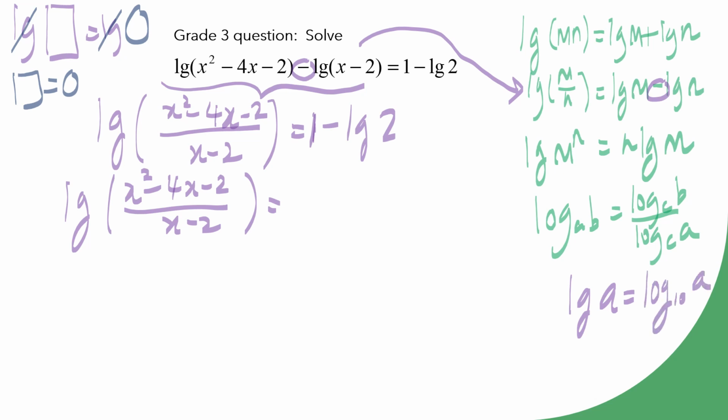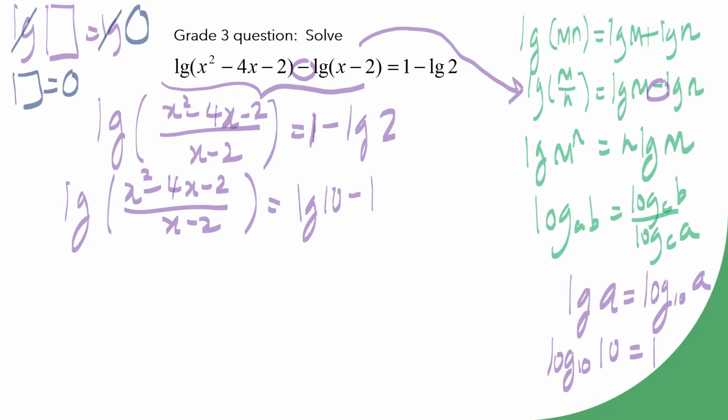So to get 1, if I have log 10 base 10, I'll get 1. So I can rewrite my 1 as log 10. Log 10 base 10 is 1. Log 2 base 2 is 1. Log 3 base 3 is 1, and so on and so forth.